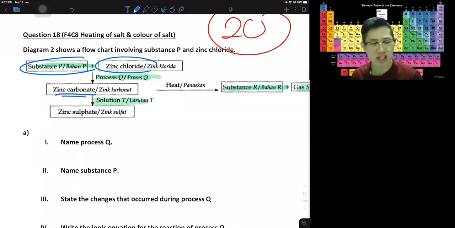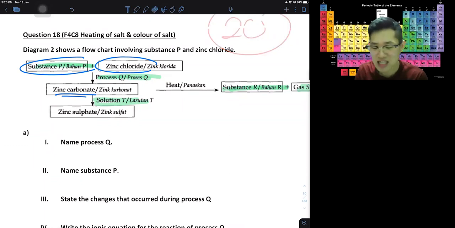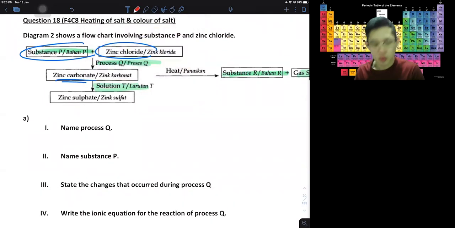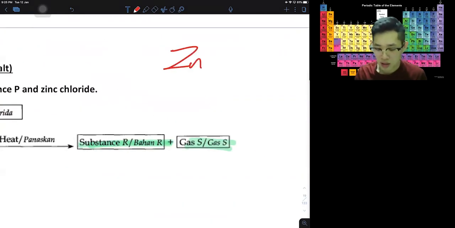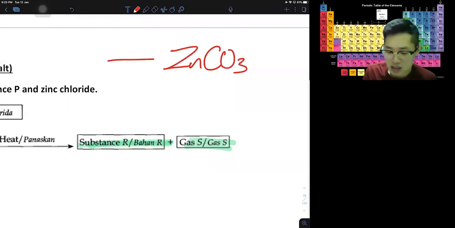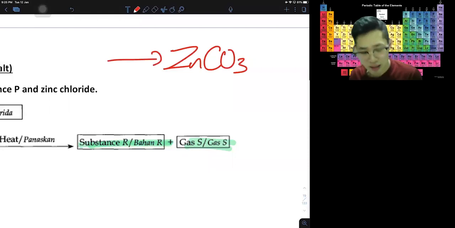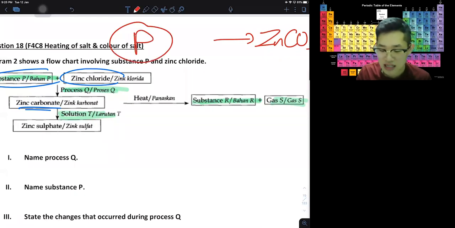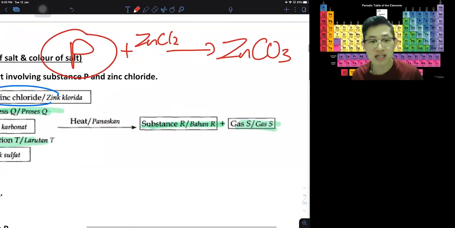So what is this actually? They're asking you what is P. What are they asking you actually? They want to know, to produce this zinc carbonate, what has to be mixed with zinc chloride to form this zinc carbonate?